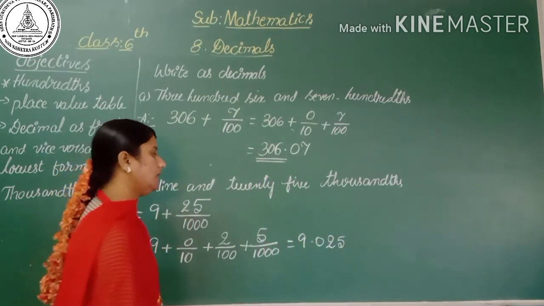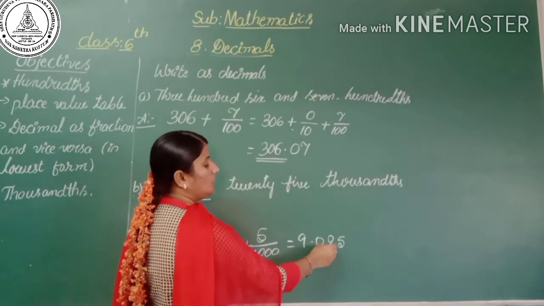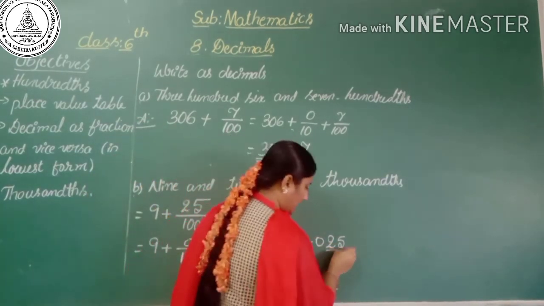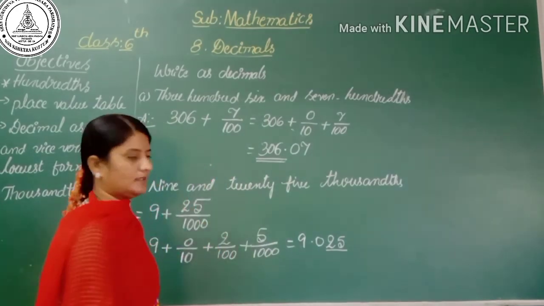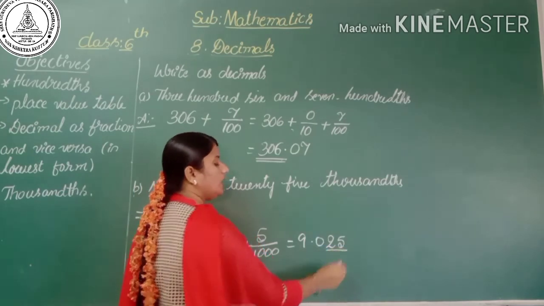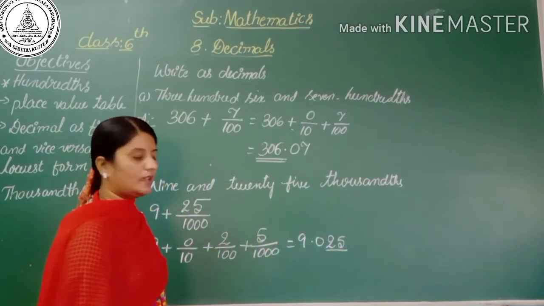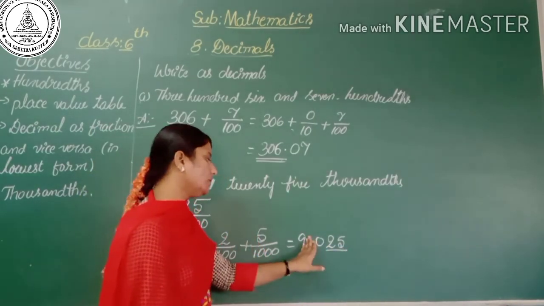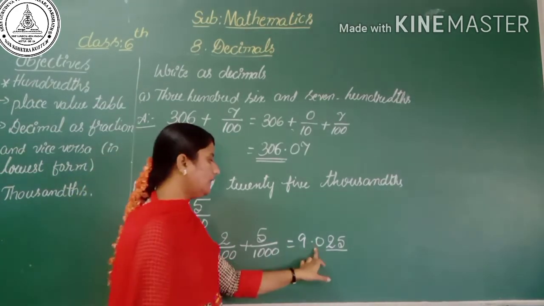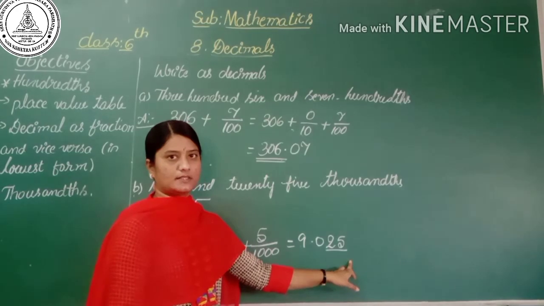So now we can read it as 9.025, or else 9 and 25 thousandths. Here the last place is thousandths, so we read it as 25 thousandths. If we are reading like that, don't say the point. We have to say 'and'. Okay, 9 and 25 thousandths.